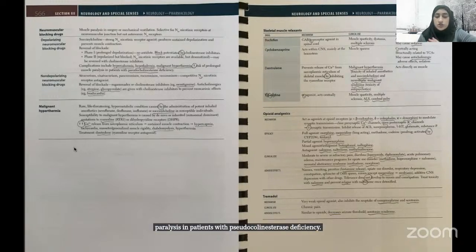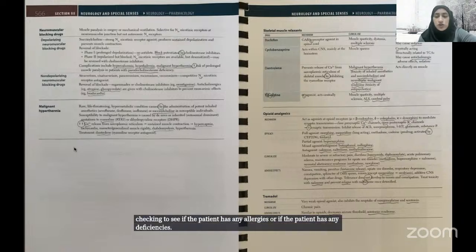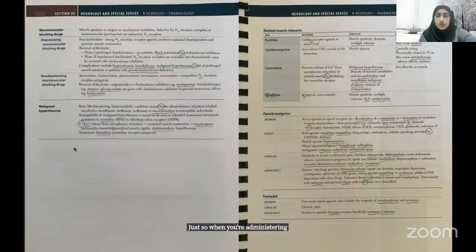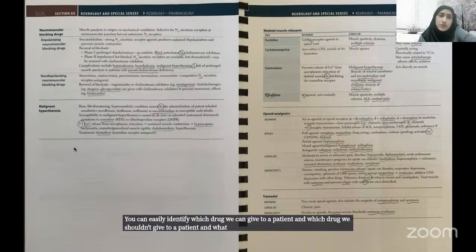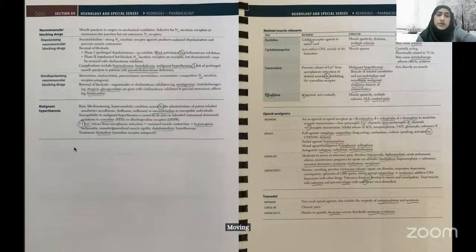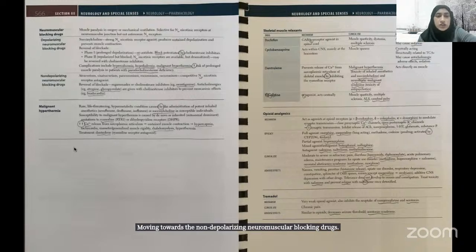Another important thing to remember when taking histories is checking to see if the patient has any allergies or any deficiencies, so that when you're administering certain drugs, you can easily identify which drug we can give to a patient, which drug we shouldn't give, and what the adverse effects are. Moving towards the non-depolarizing neuromuscular blocking drugs, we have the drugs which have "CUR" in them, like vecuronium and atracurium.